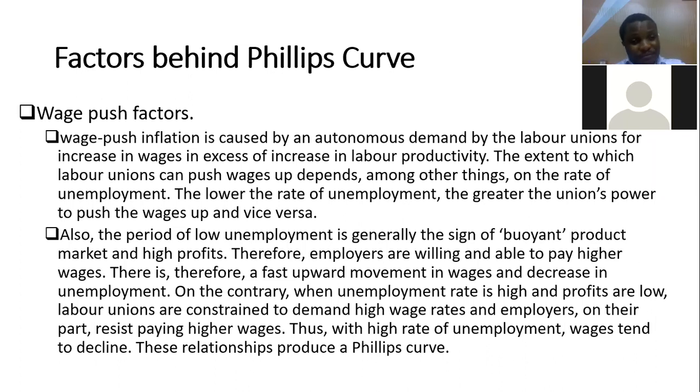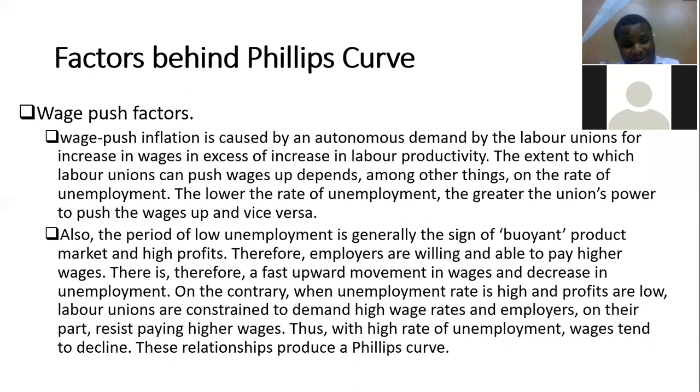Employers are willing and able to pay higher wages. That will cause a fast upward movement in wages and a decrease in unemployment. Once you are in the buoyant period during a boom, profits are high, employers are willing to pay higher wages. It will lead to an upward movement in wages, okay? And causes a decrease in unemployment.